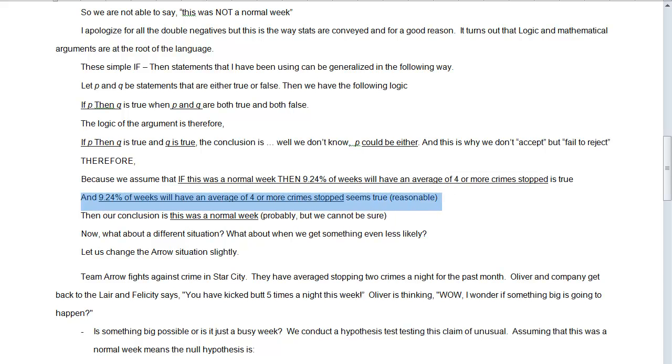It seems true. Then our conclusion is this was a normal week. Probably. Okay, but we can't be sure because the logic says it could be either. But it seems sensible to say that this was probably a normal week. Fail to reject. And that's why we do the fail to reject.